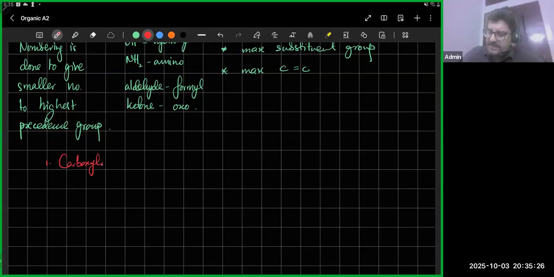Then you forget the rest. You have to number it accordingly so that carboxylic acid gets the smaller number. Then you've got aldehydes. Then you've got ketones. The fourth is hydroxy groups, the alcohol groups, and the fifth is amine.